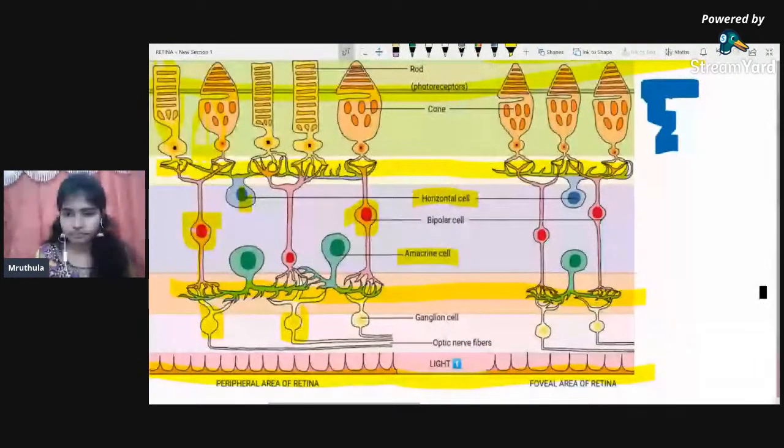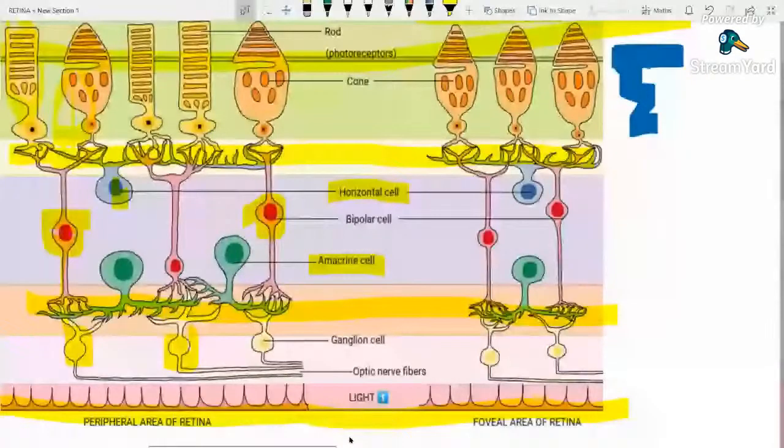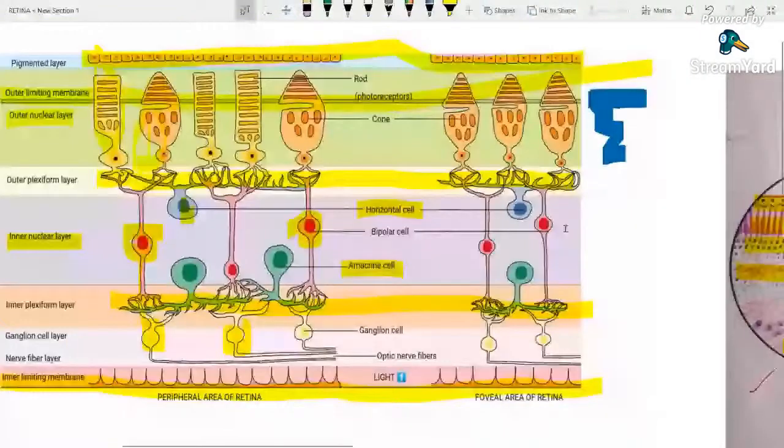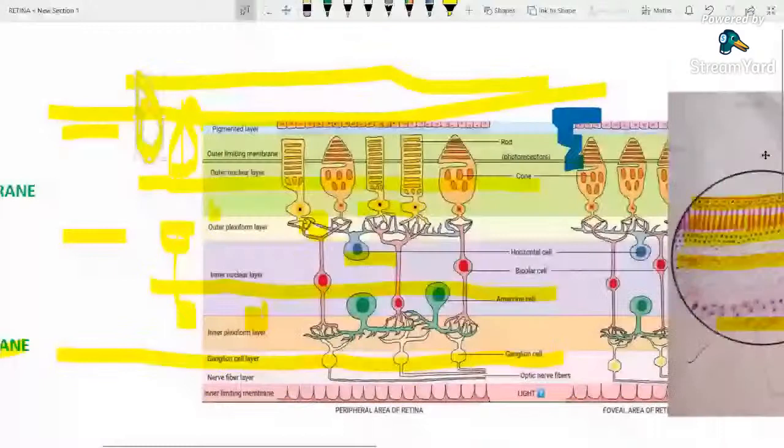Now we'll see the picture of a slide that has been stained with eosin hematoxylin, which we can see under the microscope.